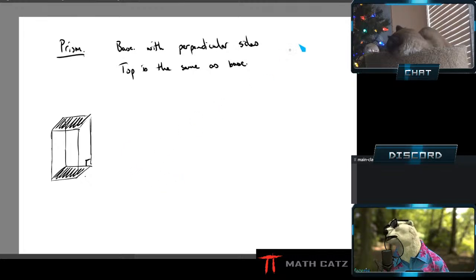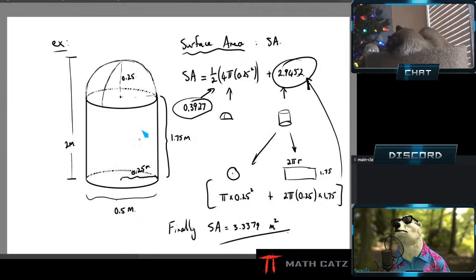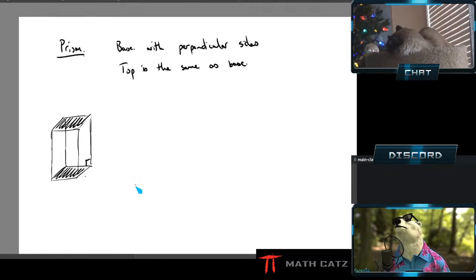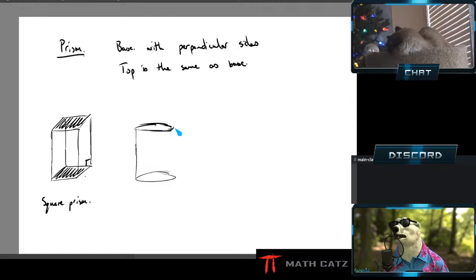We can also have, like we sort of saw here, the cylinder part is also a prism. So this could be maybe a square prism. It doesn't specify it uniquely because I can have a height that varies. Or I can have a circular base. Now I'm freehanding this, so of course it's not going to look great, but you get the idea.